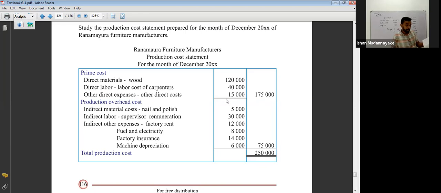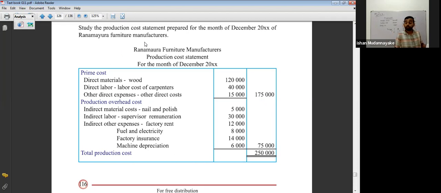The total production overhead cost is 75,000. Then 175,000 plus 75,000 gives 250,000 total production cost. This is called a production cost statement.